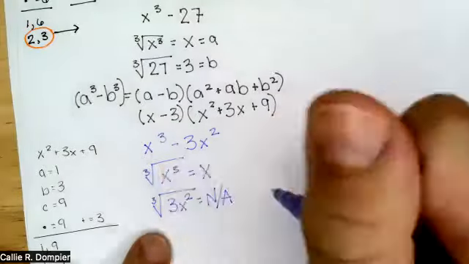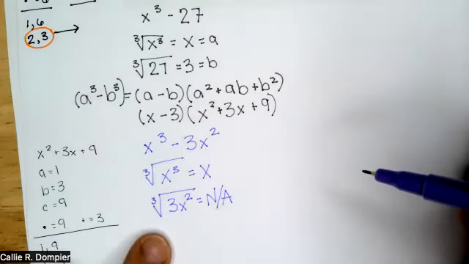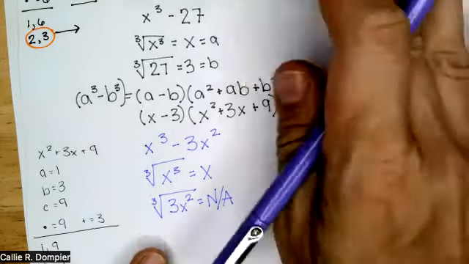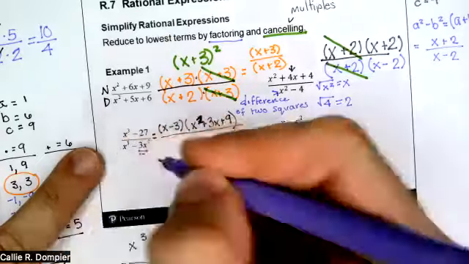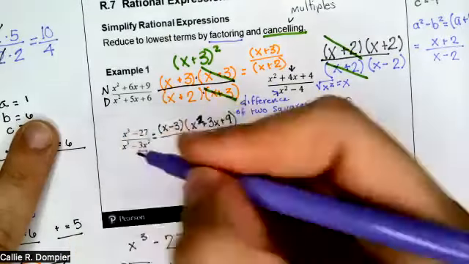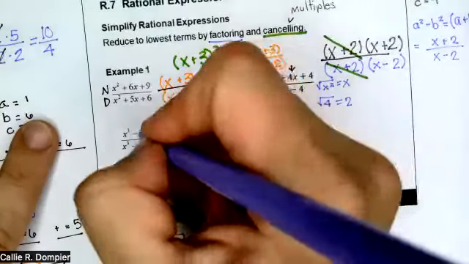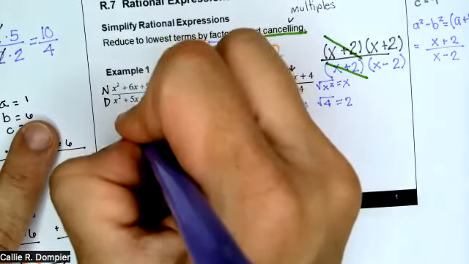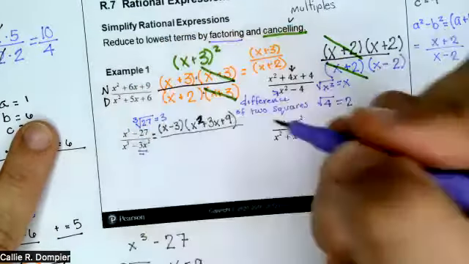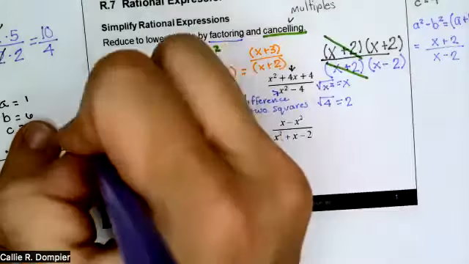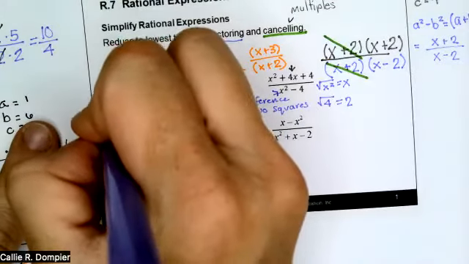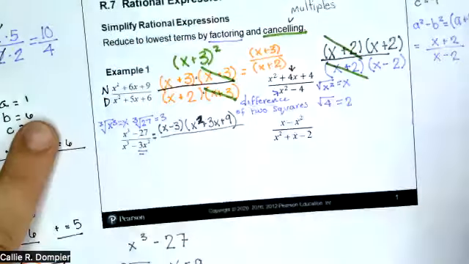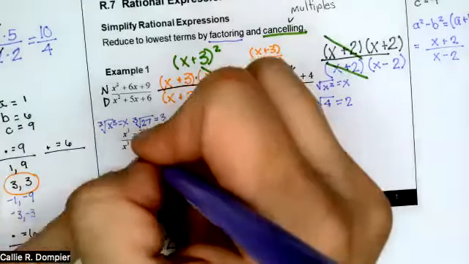So this cannot be the difference of 2 cubes because this is not a perfect cube. This is a perfect cube, this is a perfect cube, this is a perfect cube, which means when I take the third root, I get a whole number, or a variable. But this I cannot.